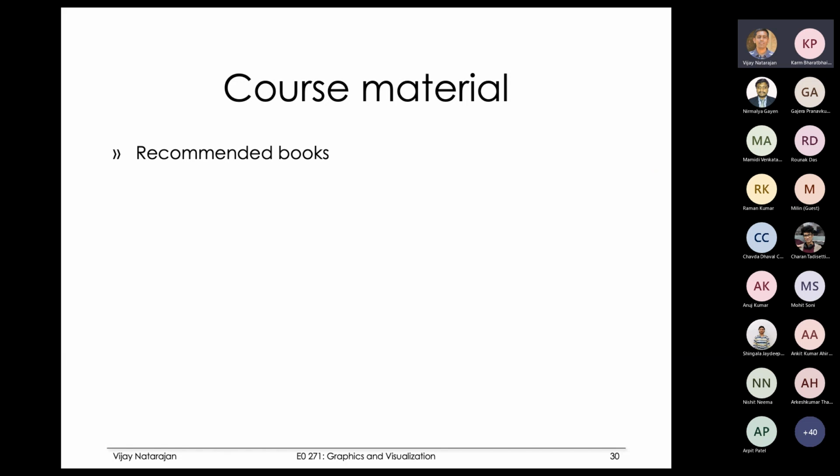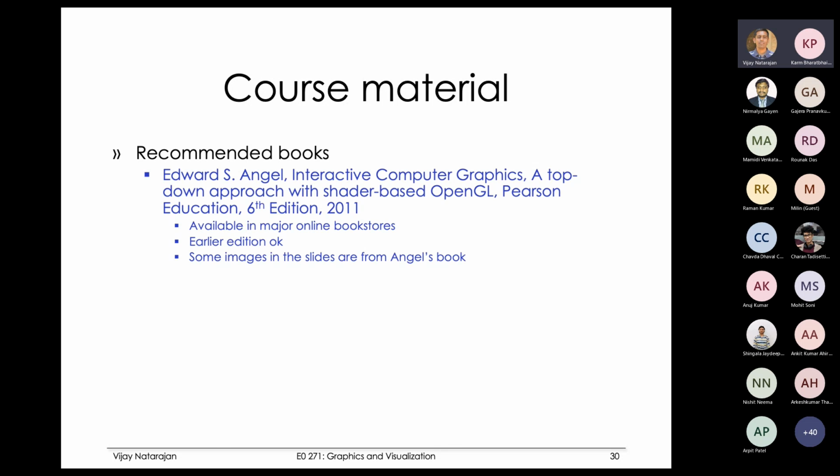The material for the course: there are some books that are recommended, but not necessary. If you like to read from a book, then for graphics, I would recommend Angel. The 6th edition is appropriate because it still talks about shader-based OpenGL, and you should be able to relate that to what we cover in the class.